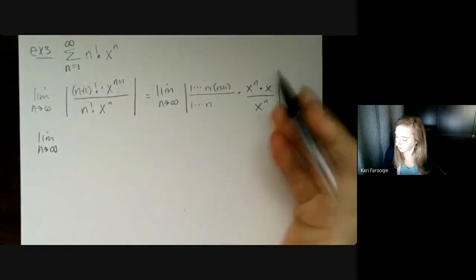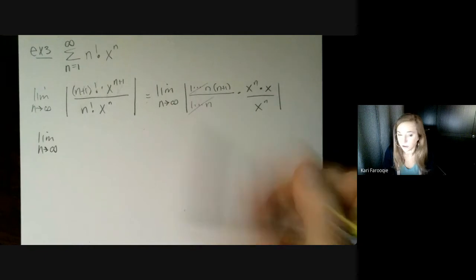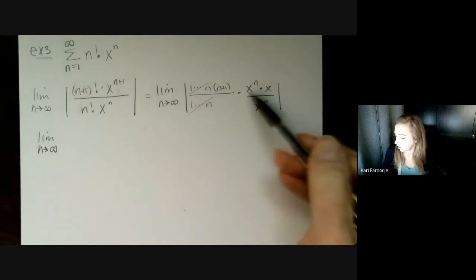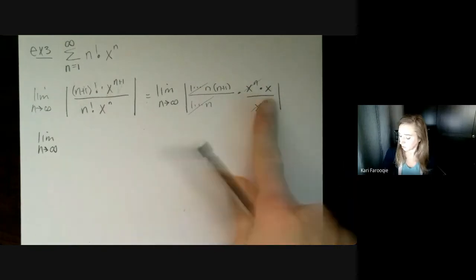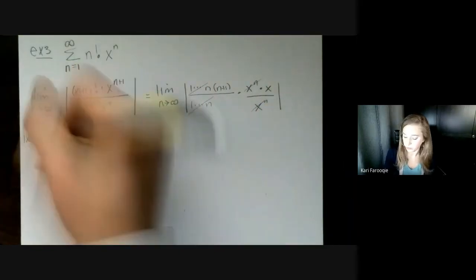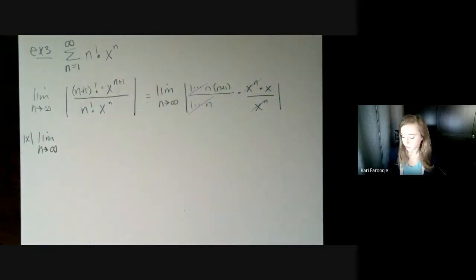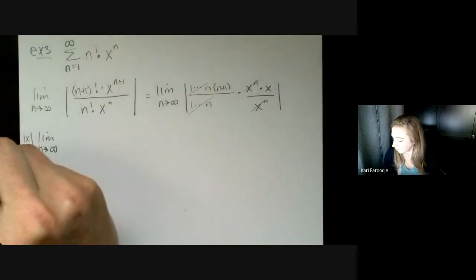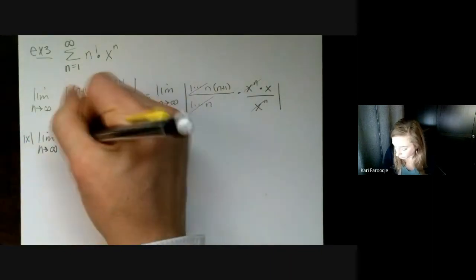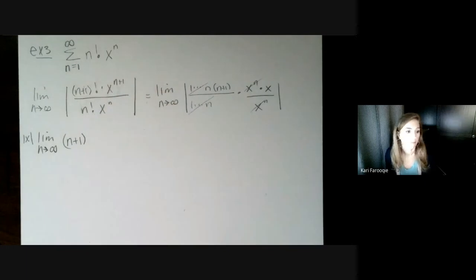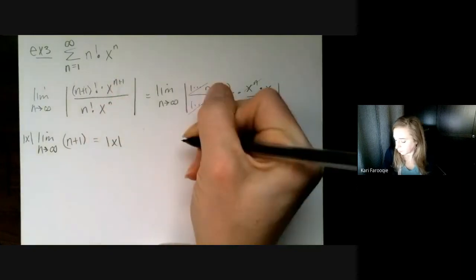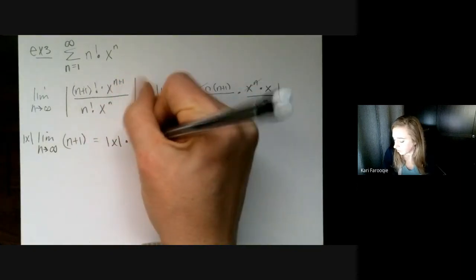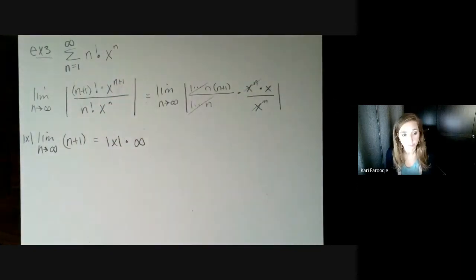All right, now when I cancel out the n factorials, I'm going to cancel out x to the n. What that's going to leave me with, if I want to pull this out now, is the absolute value of x times the limit of, all I have left now is n plus 1. And this is the absolute value of x times infinity.